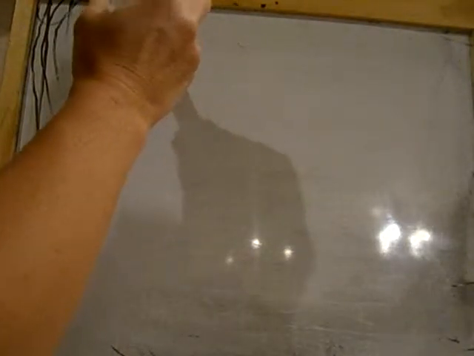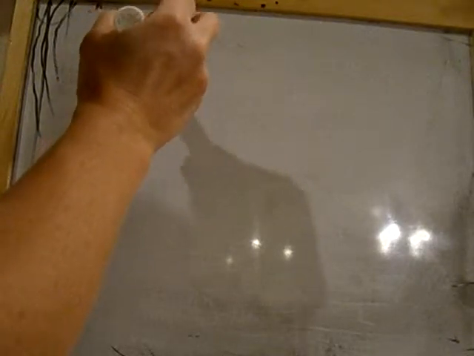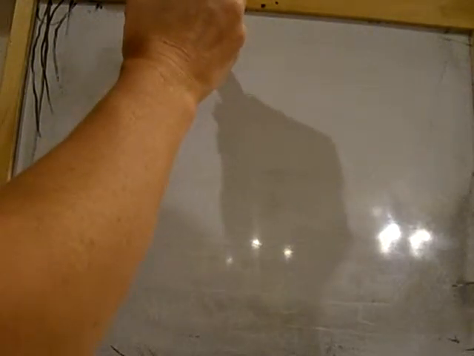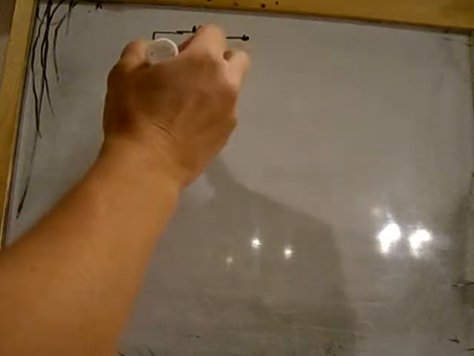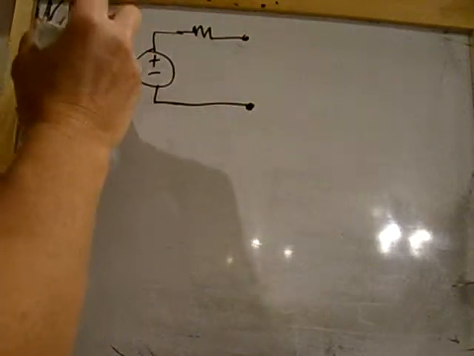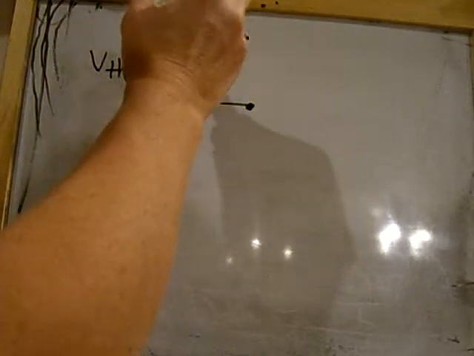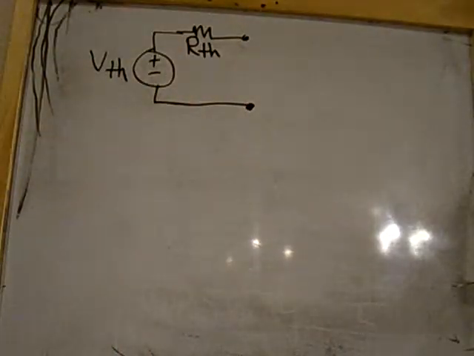This is the derivation of the general formula when there's only one time-dependent capacitor in the circuit. Any circuit, whether it's complicated or not, can be reduced down to two elements, a VTH and an RTH, which is the Thevenin equivalent for any circuit.